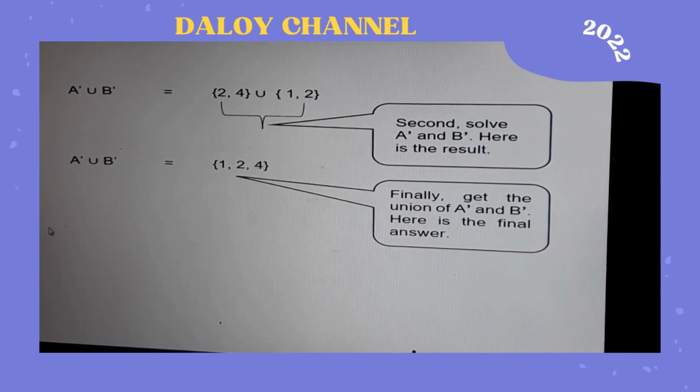So these are the complement of A and the complement of B. But the final requirement is to find their union. So considering the union of the two complements, we have 1, 2, and 4.